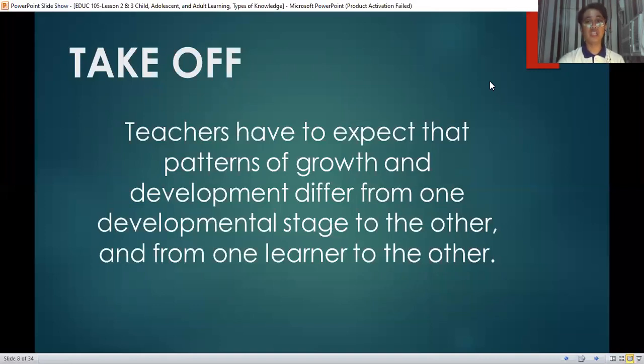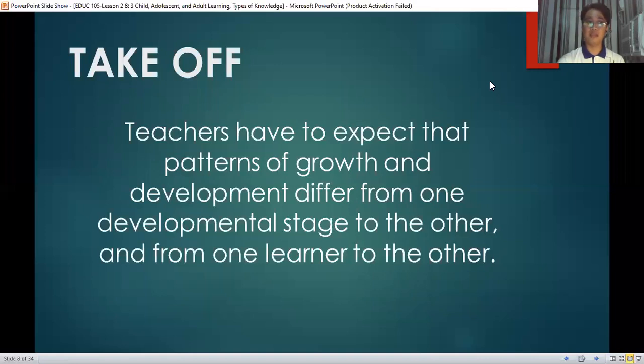Therefore, teachers must understand that the way we approach teaching should be individualized. It should be understood that learning from one level or from one stage going to the other should be treated differently.